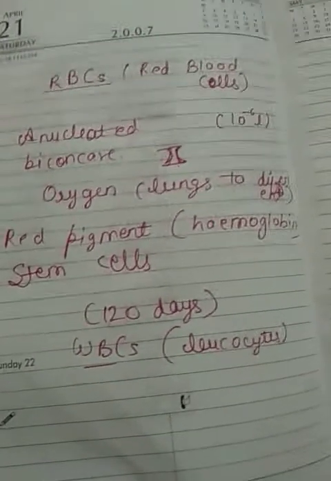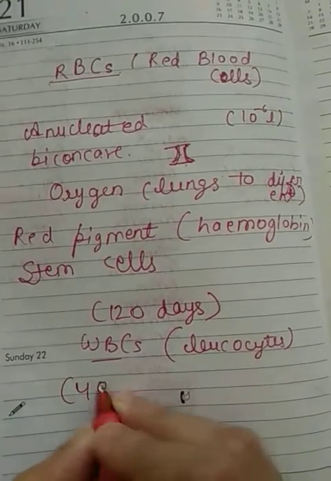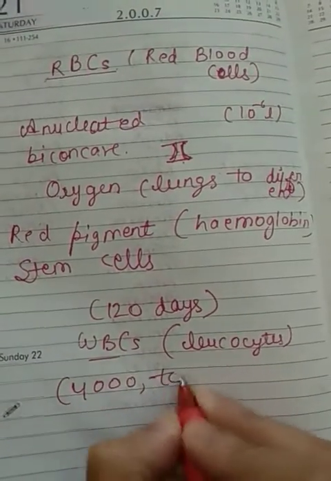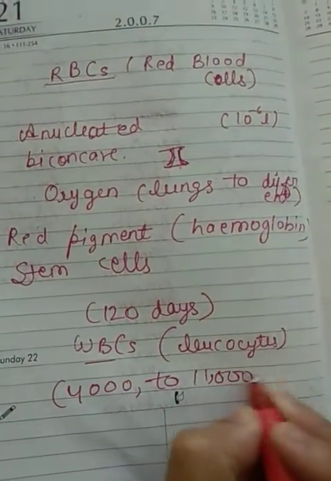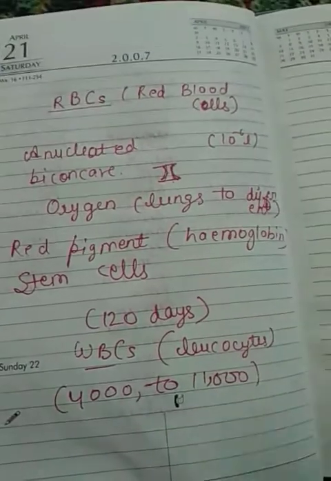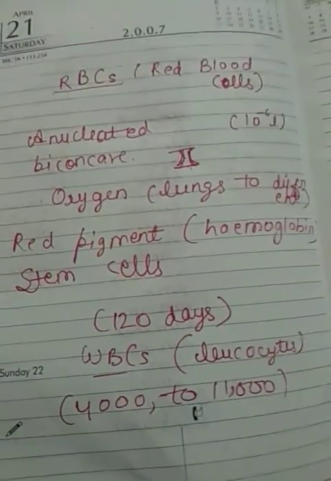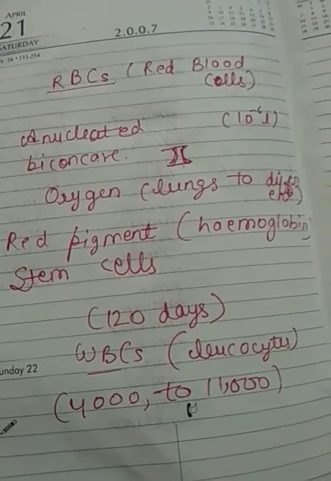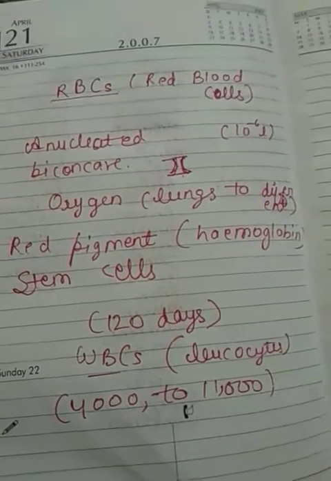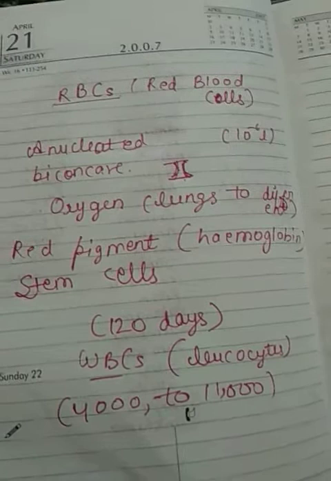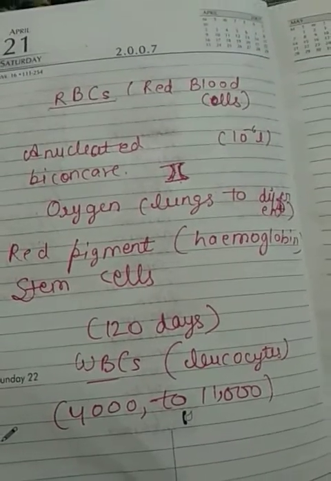Some 4,000 to 11,000 WBCs are present in 1 microliter of blood. Number wise they are very much less than RBC.